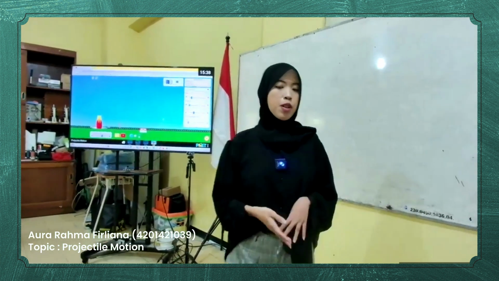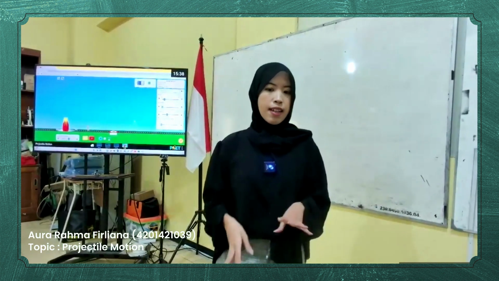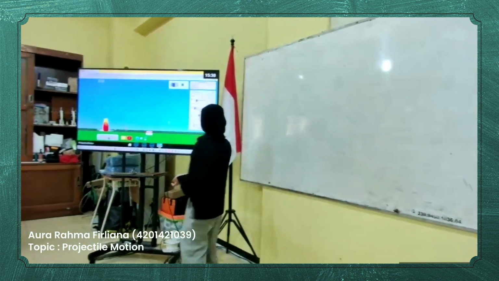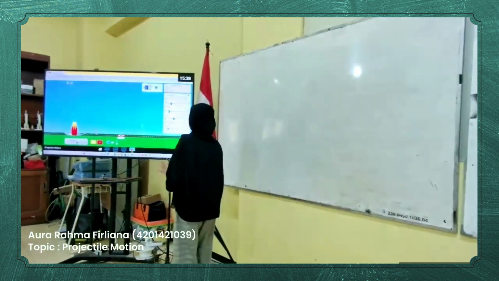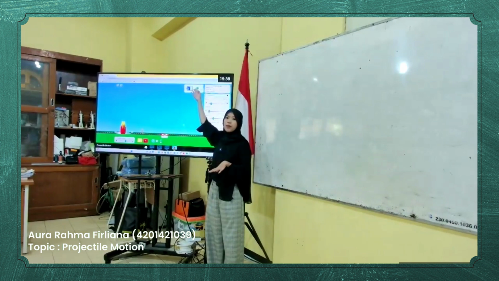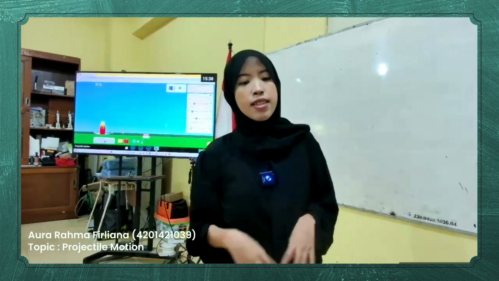In this experiment, we will use the general gravity acceleration of 10 meters per second squared. And then the next is air resistance. In this experiment, we will ignore the air resistance. Okay, in this box, this is a meter to measure the distance that the ball dropped off.